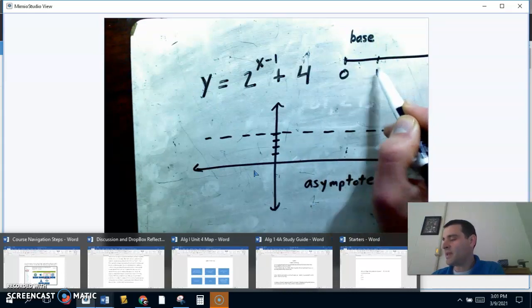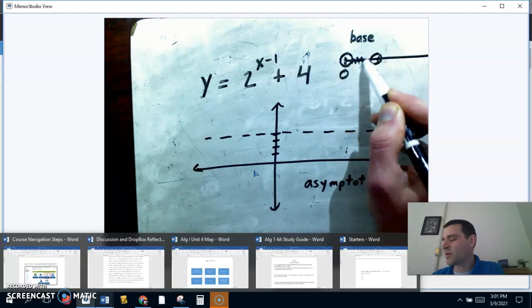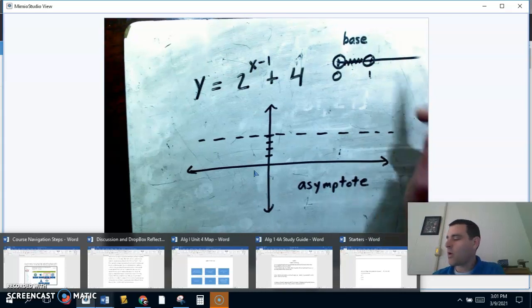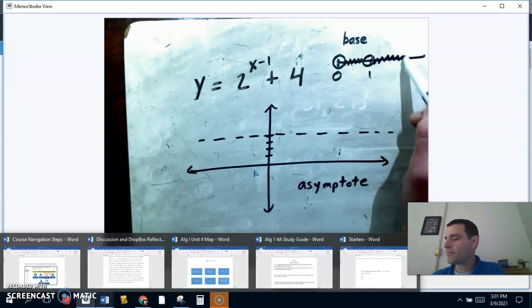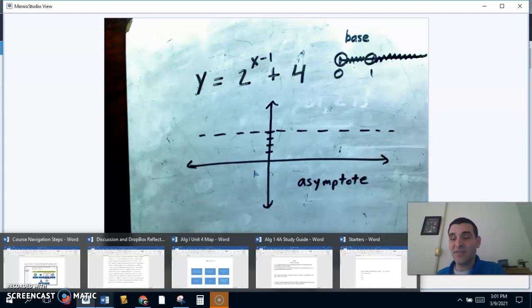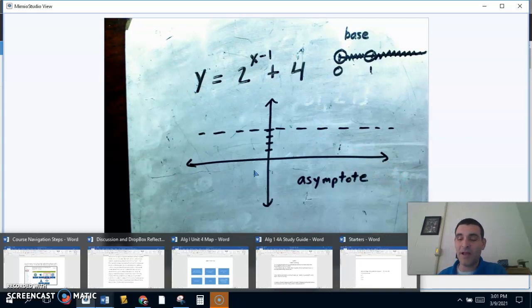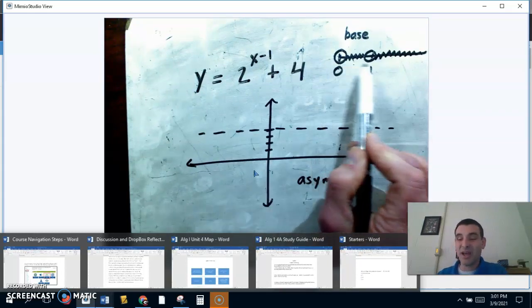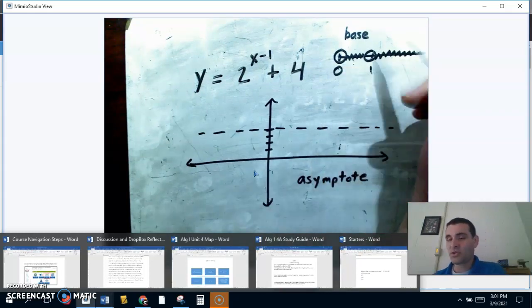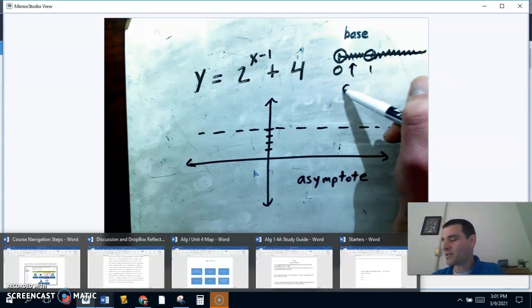You can either be between 0 and 1, in this area, or you can be bigger than 1. Okay? Three things you cannot be for the base of an exponential. You cannot be negative, so we don't even consider that part of the number line. You cannot be 0, you cannot be 1.